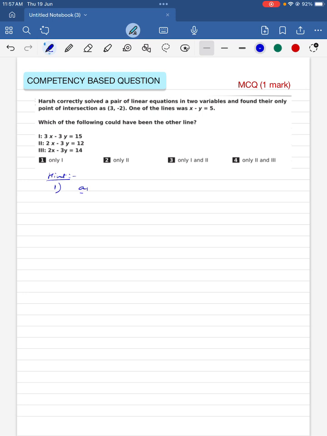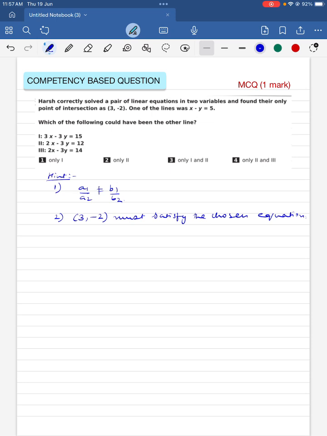You have to check if a1 by a2 is not equal to b1 by b2. And the second thing is you have to check if the point (3, -2) satisfies the chosen equation. So let's try the two things for all the three lines that are given.